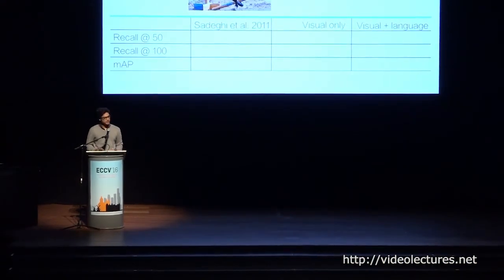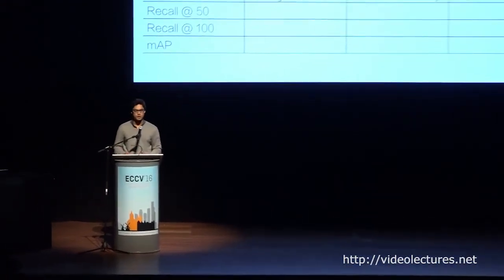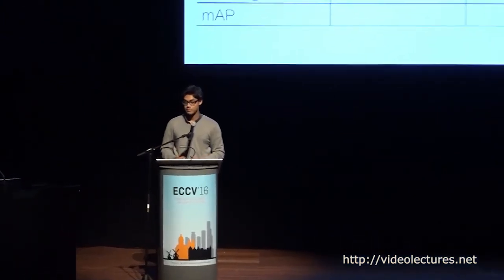Next, we do an ablation study to figure out how the different components of our model help our output. And we compare it against a baseline implementation of relationship detection from 2011. This baseline implementation suffers from not being able to deal with the quadratic explosion of detectors and always tends to detect the most common relationships, in this case, a person wearing a shirt. It's unable to detect the horse.